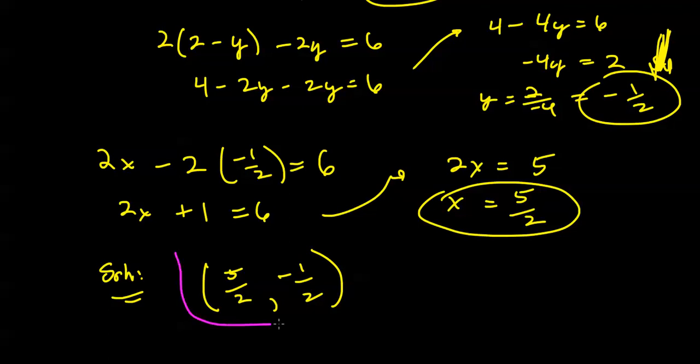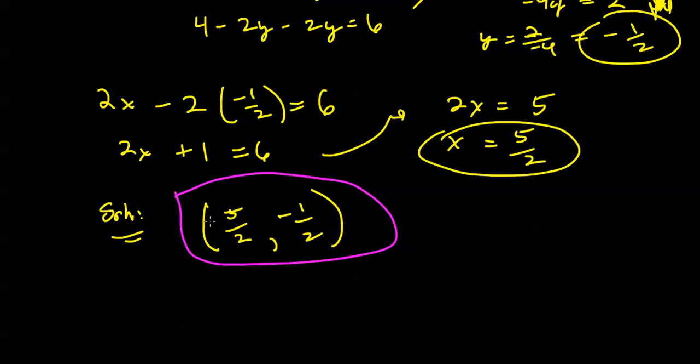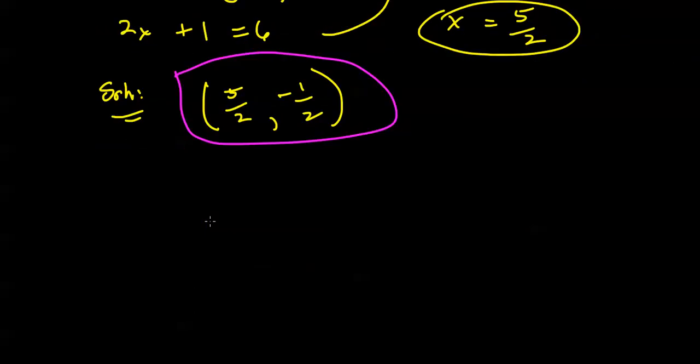This is the xy coordinate that solves both of those linear equations in the system simultaneously. Okay? Alright, we probably would have had a hard time finding this solution graphically because of these fractional coordinates. So solving systems algebraically is much preferred to the graphical method.